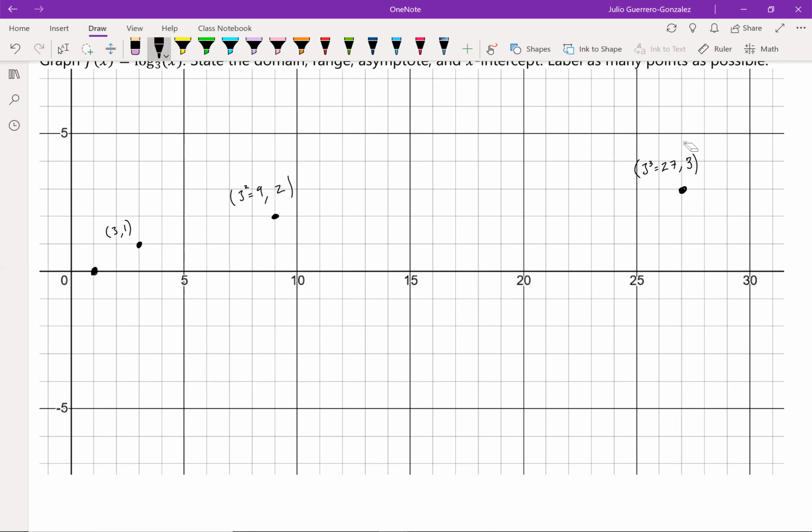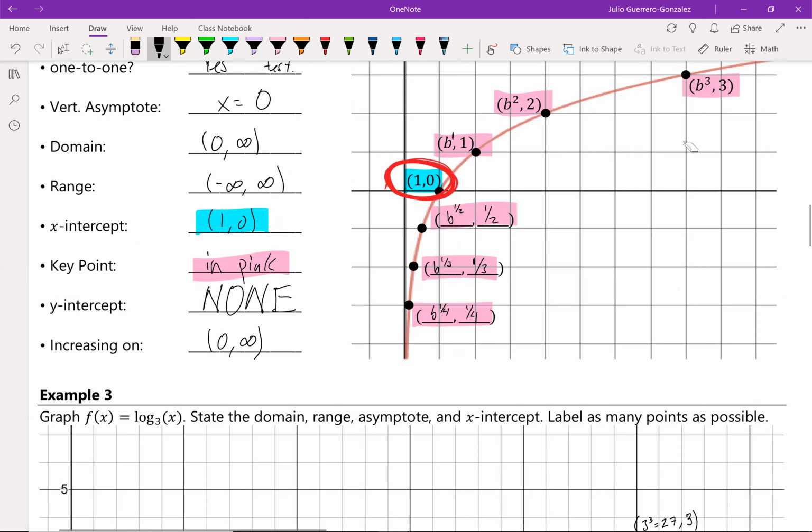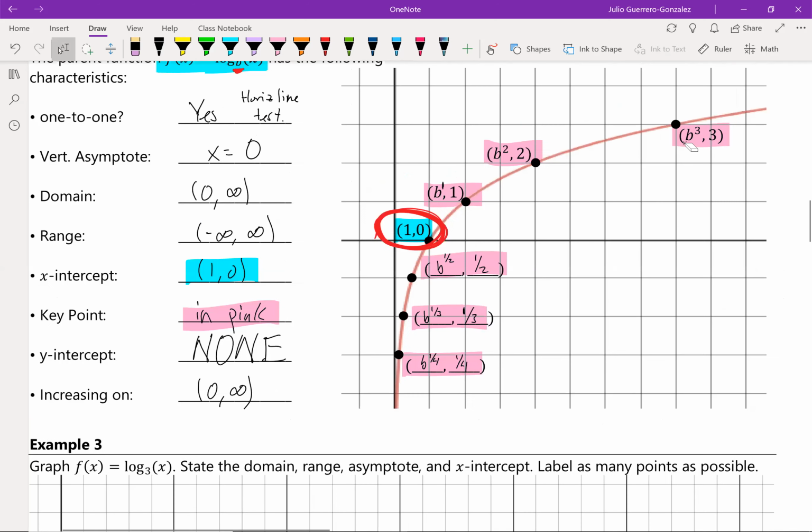Next couple, I'm just going to go ahead and fill in. You have a point here, which is the square root of 3 is 1/2. Or sorry. Crap, did I mess those up? I completely messed those up.